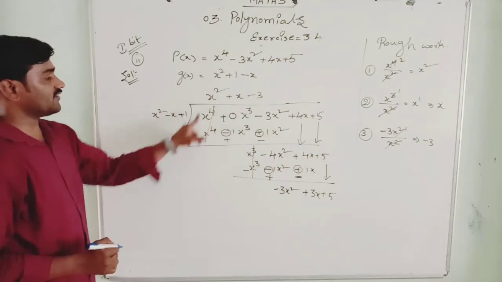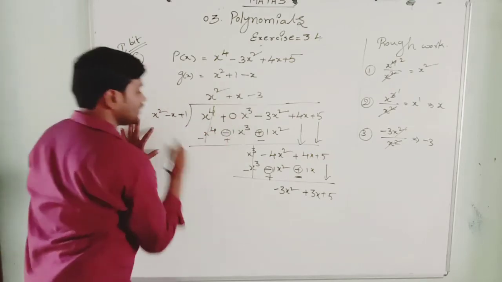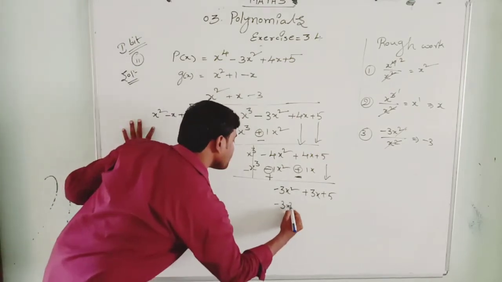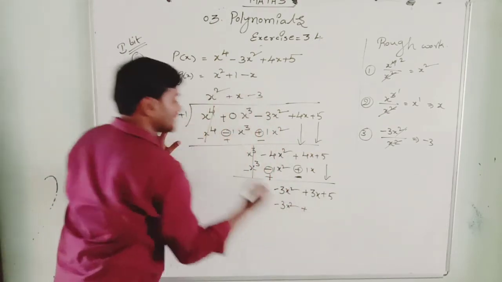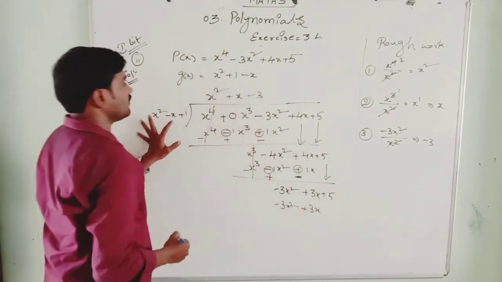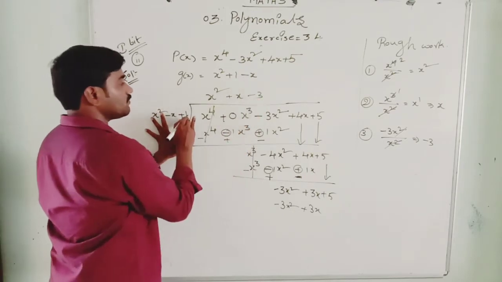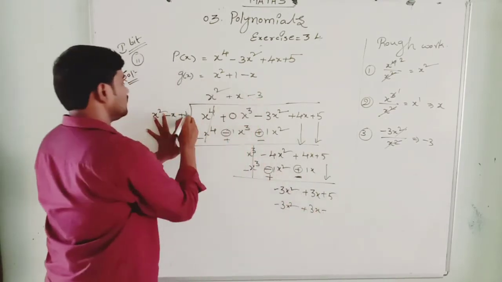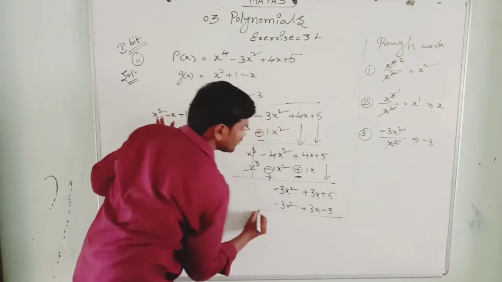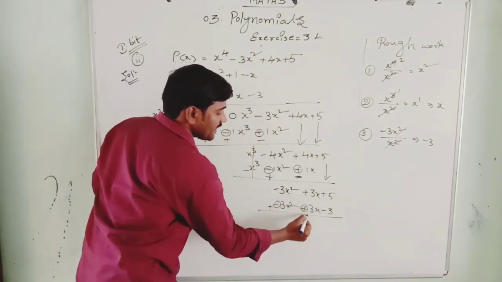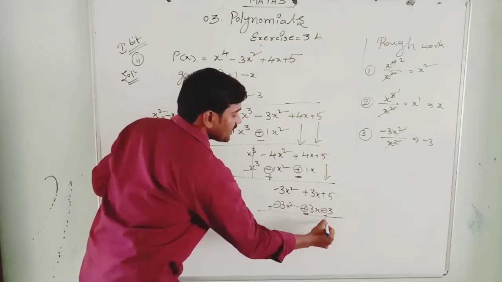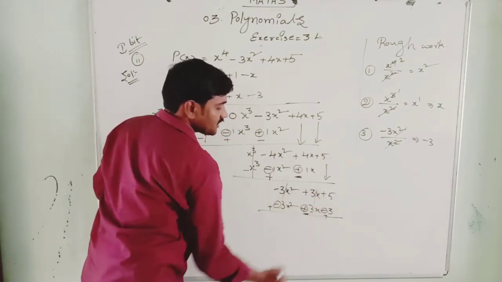With minus 3 you multiply all these terms. Minus 3 into x square is minus 3x square. Minus into minus is plus 3 into x, that is 3x. Minus into plus is minus, 3 ones are 3. Changing the signs, we can cancel these.